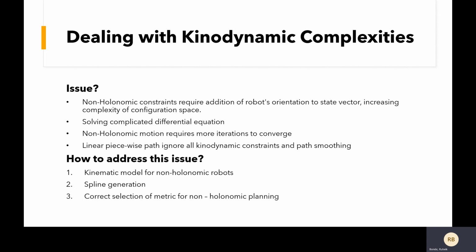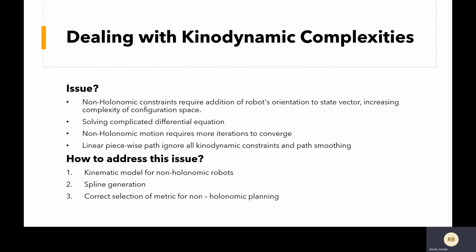Then we come to dealing with kinodynamic complexities. The issue here is that non-holonomic constraints require the addition of the robot's orientation to the state vector. Thus, increased dimension means increased complexity of the configuration space exploration. Moreover, they involve solving differential equations and have more complicated state transition equations.